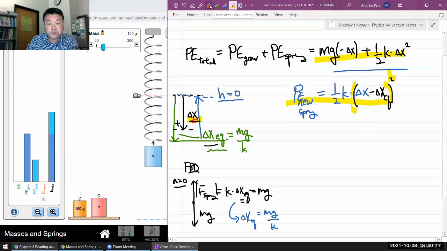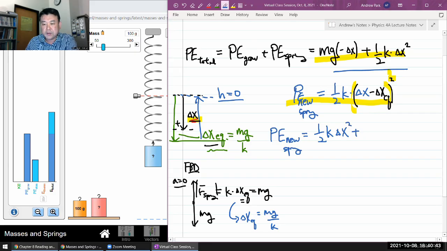My new spring potential energy, let me call that new spring, is equal to 1/2 k, and as I do this square, I'm going to have delta x squared, plus I'm going to have minus delta x equilibrium squared.